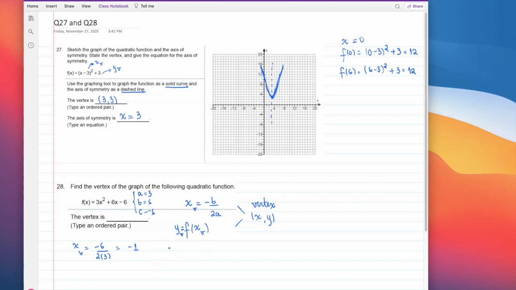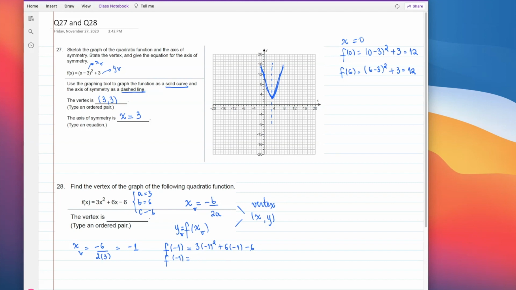And now we're going to plug in negative 1 into the function formula to obtain the y of the vertex: 3 times negative 1 squared plus 6 times negative 1 minus 6. Be very neat and organized so that you don't get things messed up.